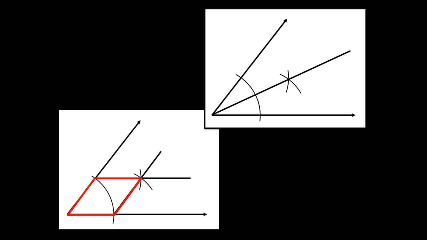The only difference in the two pictures is that in the one where we construct a rhombus, we connect up those intersections to show that we have a quadrilateral with four congruent sides. And in the construction of the angle bisector, we only connect up the intersections, which would in essence be opposite vertices of the quadrilateral.